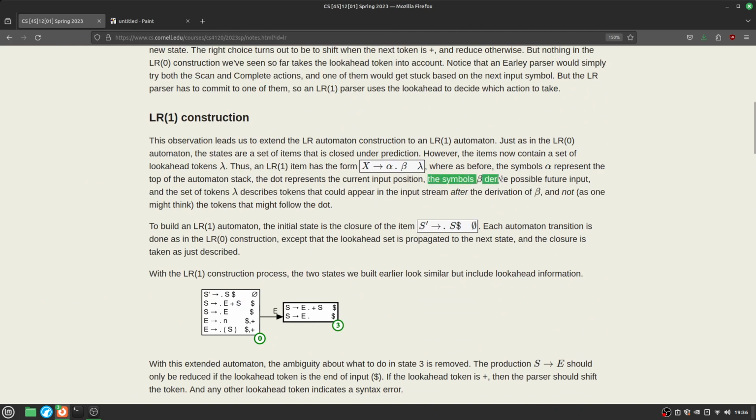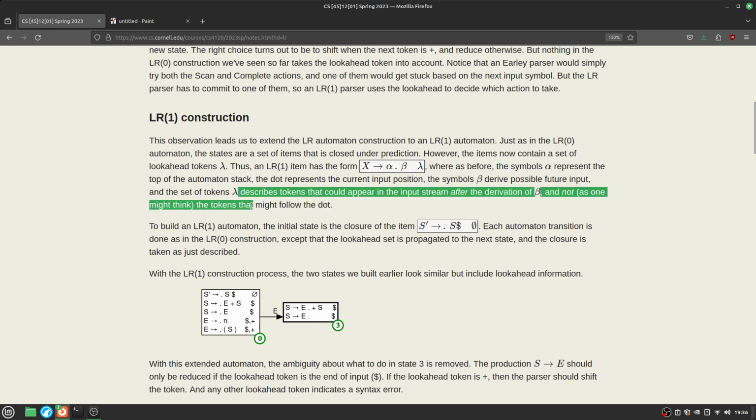Symbols beta derive possible future input, and the set of tokens lambda describes tokens that could appear in the input stream after the derivation of B, and not the tokens that might follow the dot. It describes the tokens that could appear in the input stream after the derivation of beta.